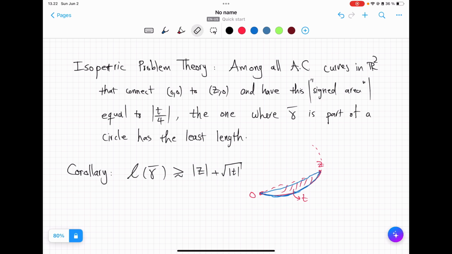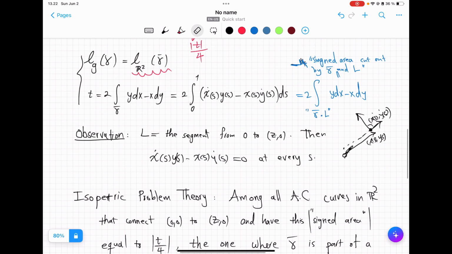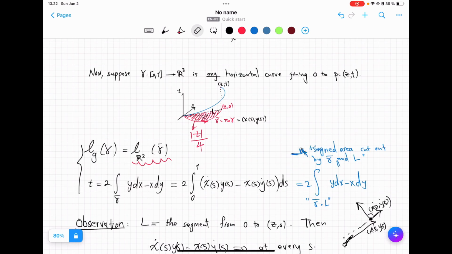But anyway, none of this we have given proof of, but at least I'm explaining where this quantity, the lower bound, comes from. So gamma bar, in the most optimal case, will have the lower bound of this much. So if it comes from projection of an arbitrary horizontal curve, in particular, this will also satisfy that inequality.